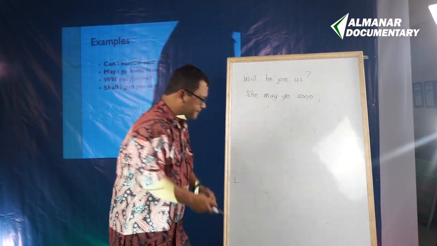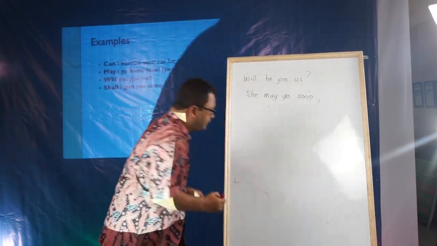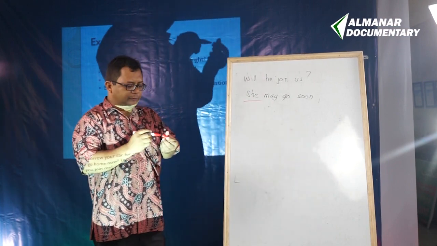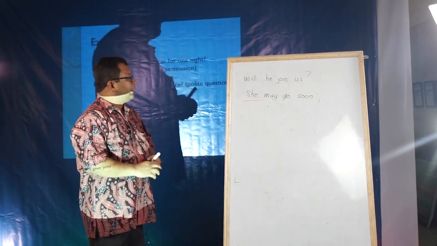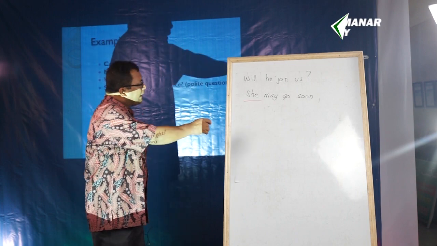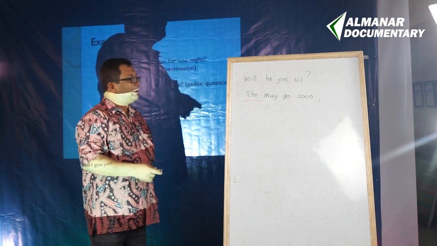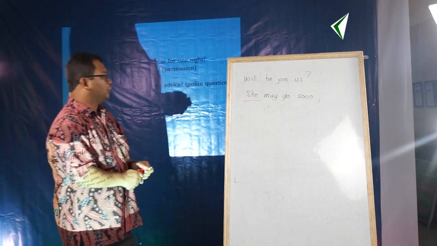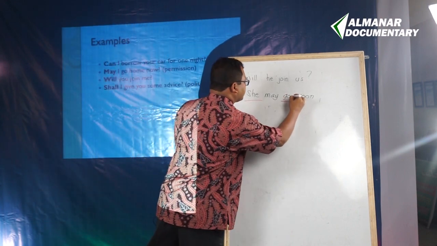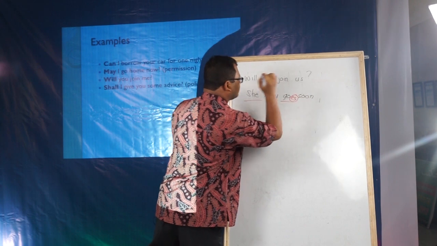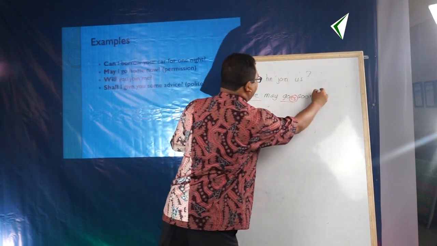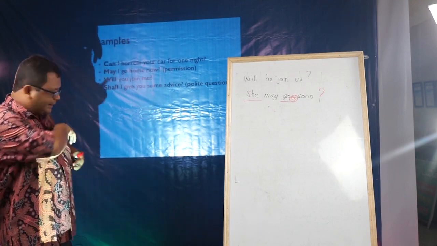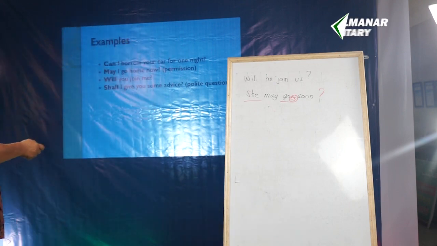Look on the board, please. As we know, she is a third singular person. It must have S at the end of the verb. But look here, she may go soon. Why don't we have she might goes? Why don't we have that? Look at the pattern.